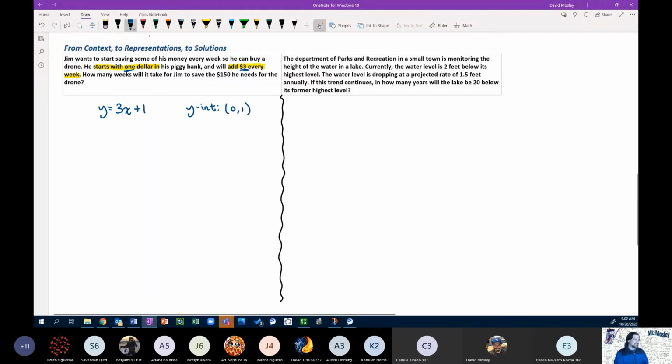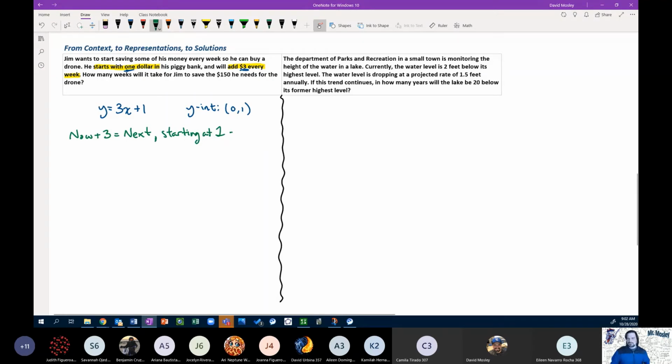We can also write this as the now-next rule: now plus 3 equals next, starting at 1.